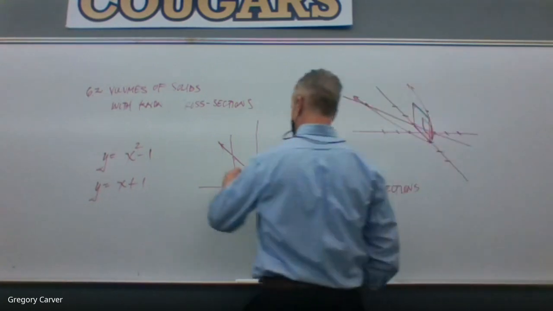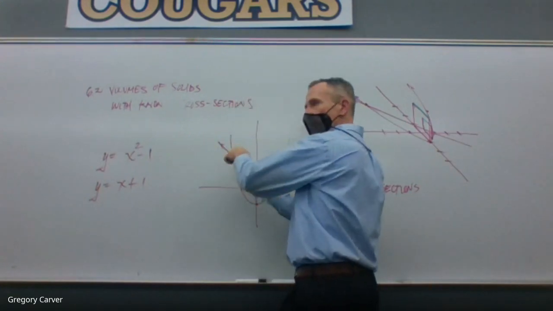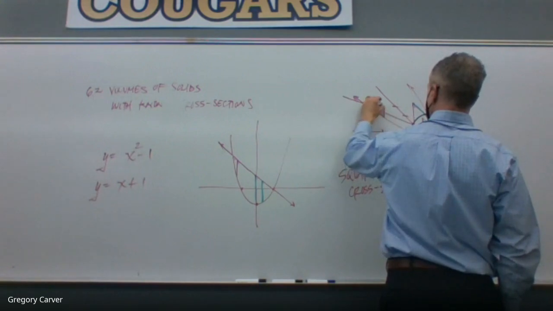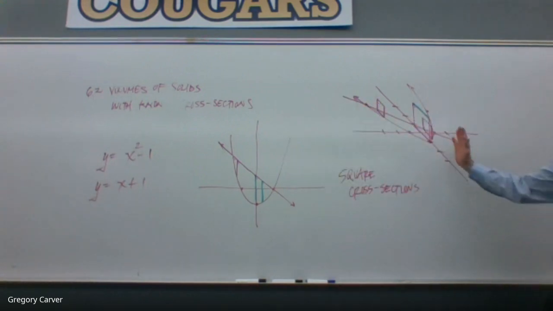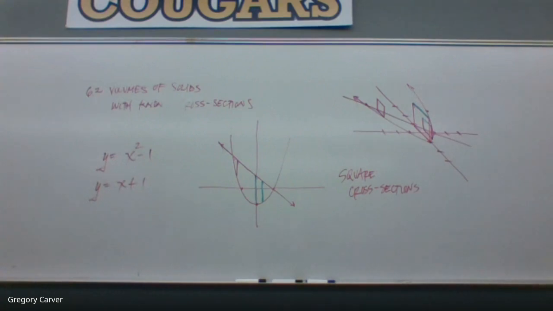I don't know if this is helping. I don't want to confuse everyone. So I've got this square coming off my paper like this. Over here, it's going to look something like that, right? And the closer it gets to the side, it's going to get shorter and shorter until it comes down to a point, basically.